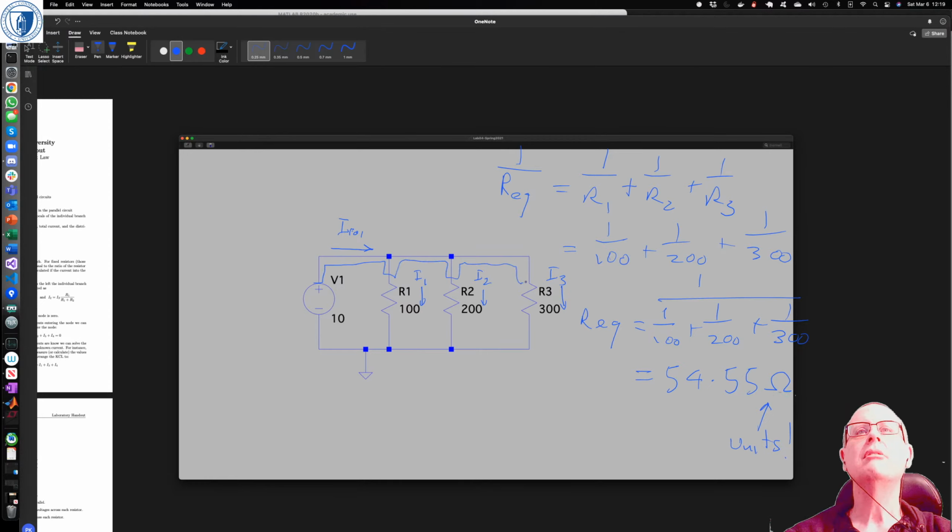It's an area of constant voltage. And KCL says that I total minus I1 minus I2 minus I3 equals 0, or I total equals I1 plus I2 plus I3.